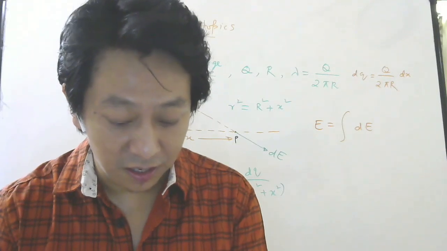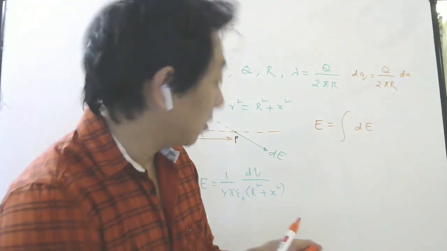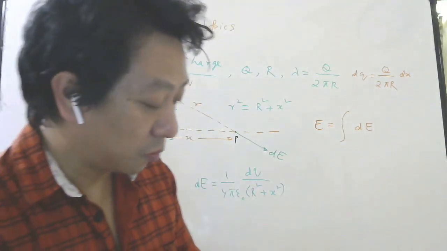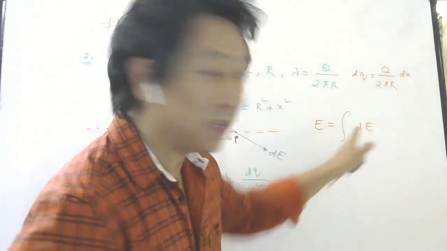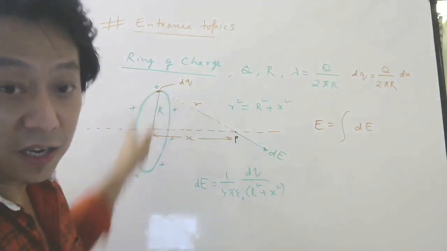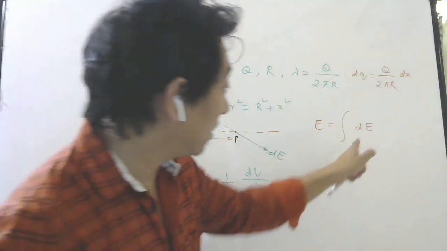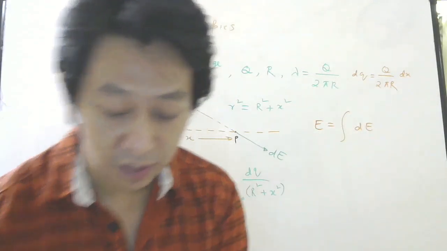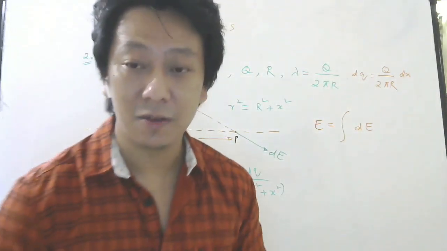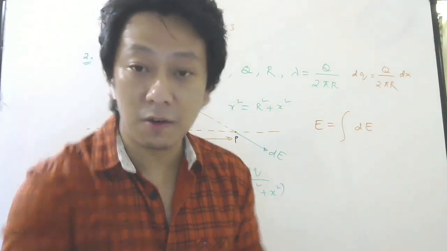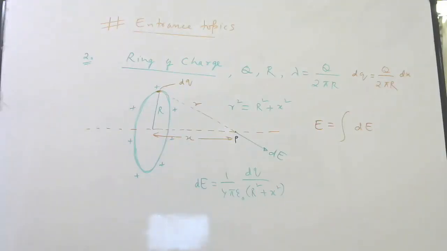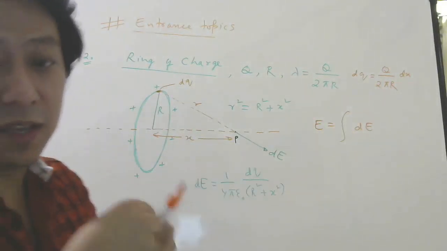So here you have to first check whether the dE produced by this charge and the other charges are in the same direction. In the previous topic, all the dE produced by different charges were away and they were in the same line. They were in the same direction. Remember, right?